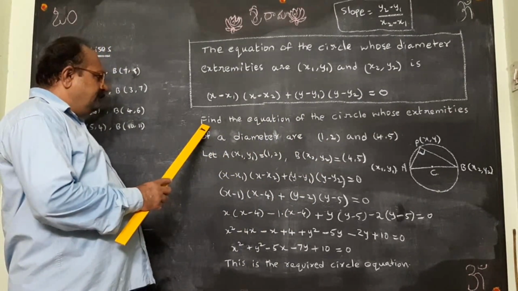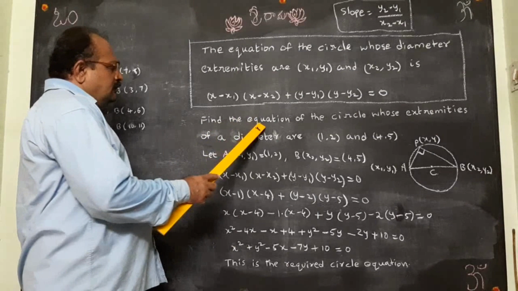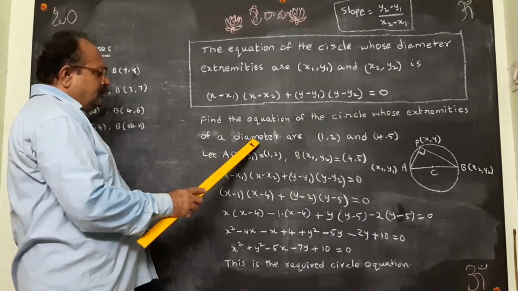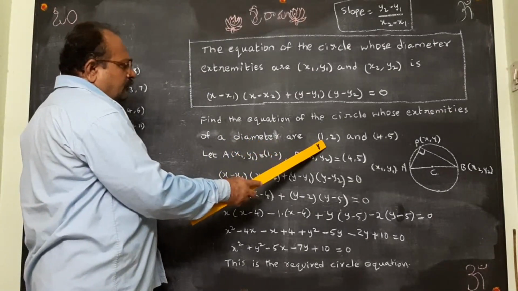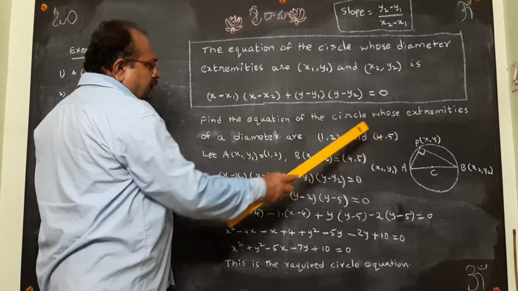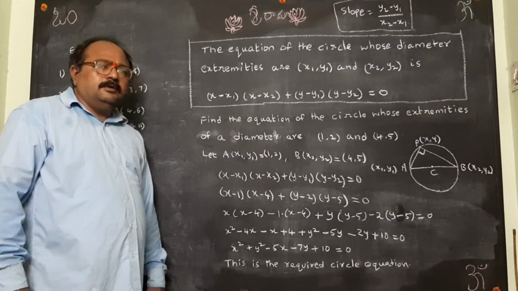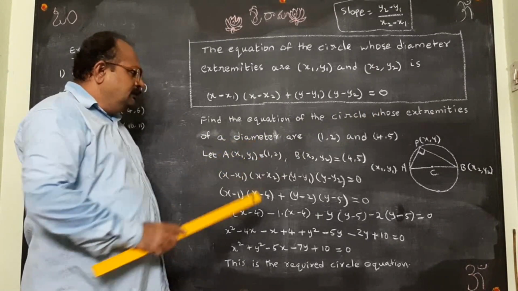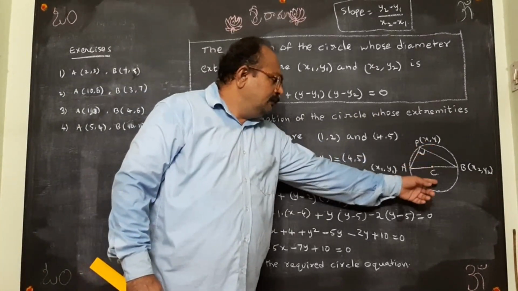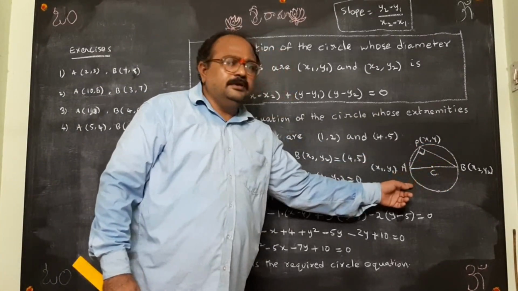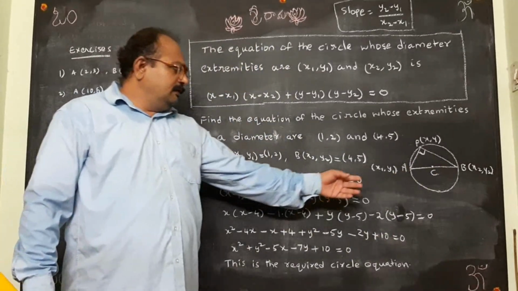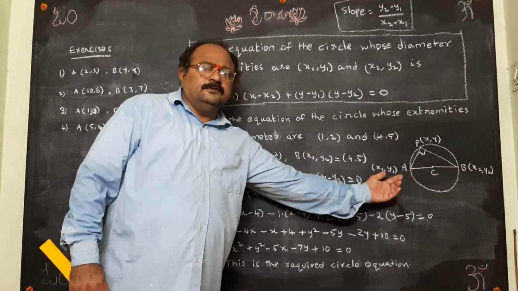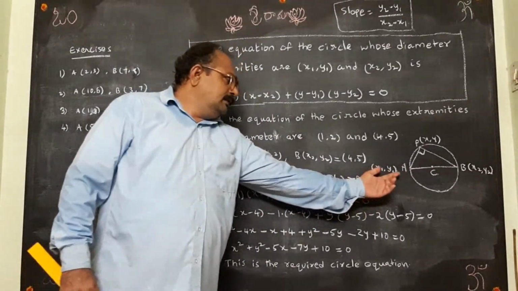The problem is: find the equation of the circle whose extremities of a diameter are (1, 2) and (4, 5). Here in this problem it is mentioned extremities of a diameter. That means this circle can have so many diameters, so in particular one diameter is given and its extremities are given.